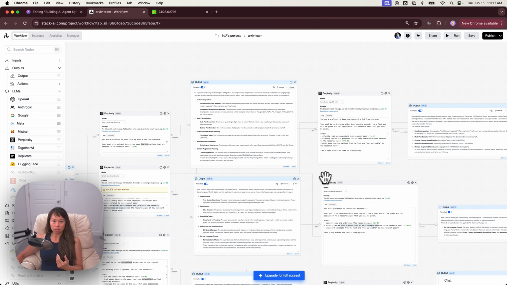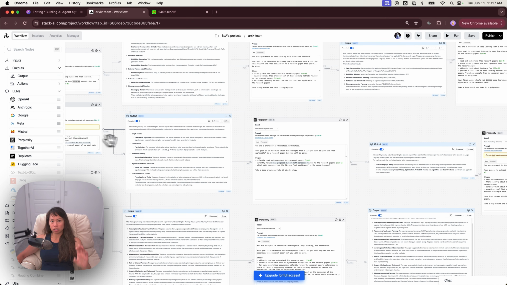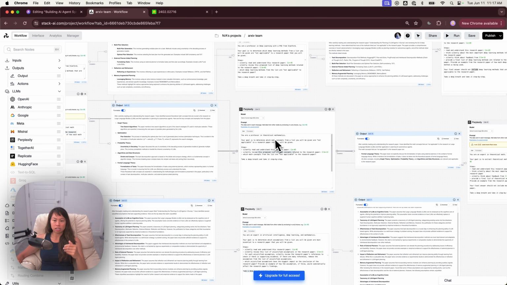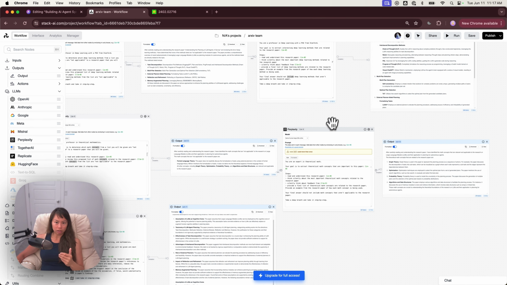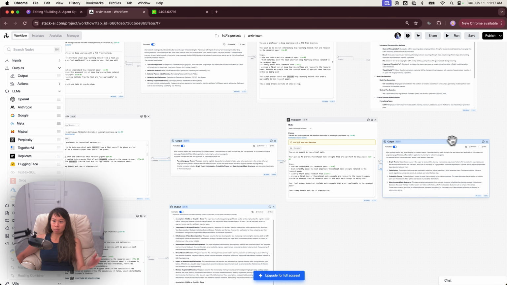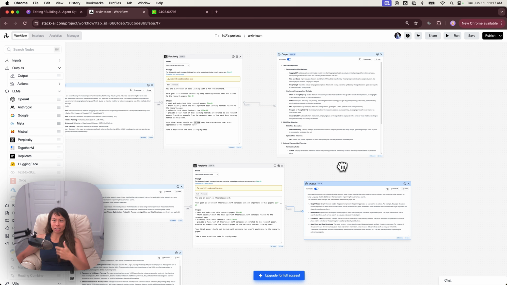Similarly, we would do the same thing for the math agent. So we have a first theoretical math person produce a first pass, a second theoretical math person provide feedback on the first answer, and then a third theoretical math agent combine the feedback with the initial answer to produce a final answer. And again, the purpose of all this is so that we have higher confidence in the final answer.